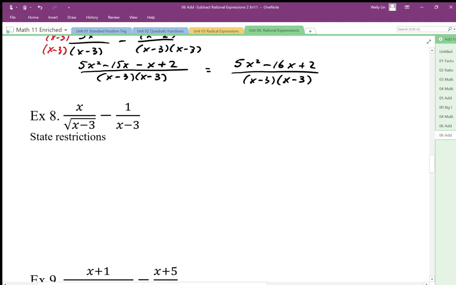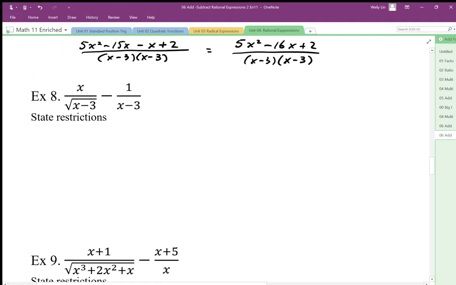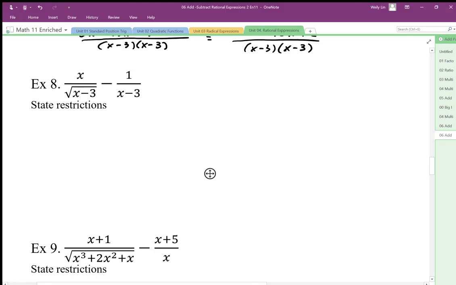For this one here, now we have to be a little bit careful, because first of all, let's start with the restrictions here. Okay, so we cannot let x equal 3. But because of the square root, we have an inside domain restriction, and x cannot be less than or equal to 3.